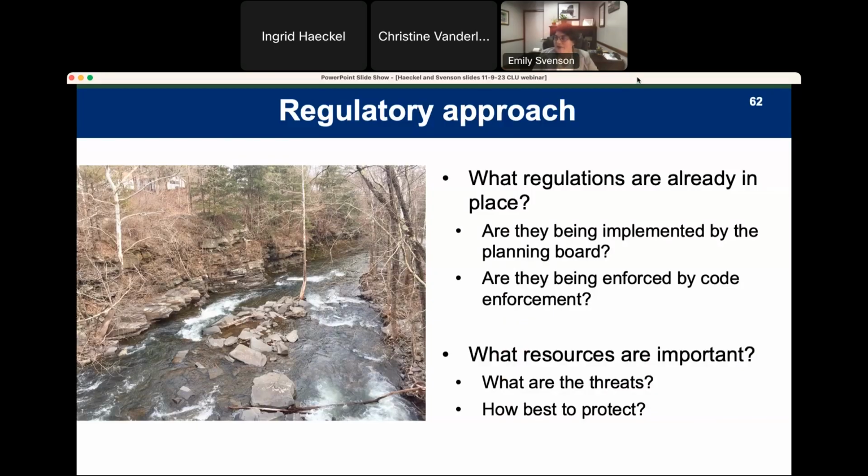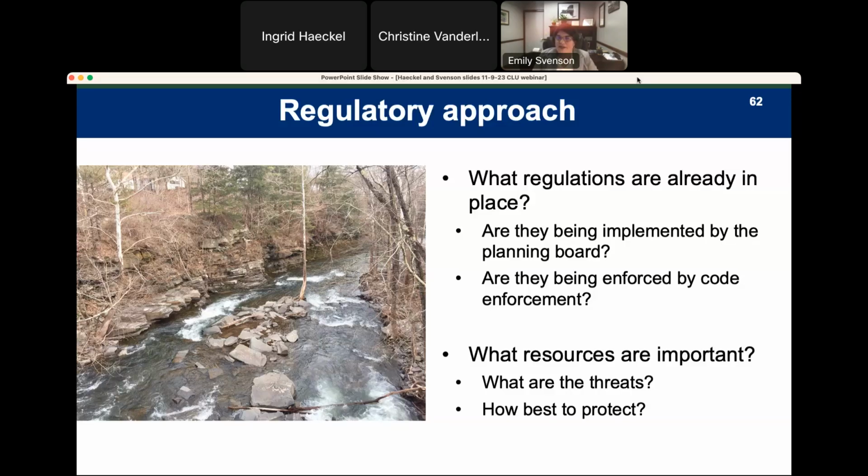So, for example, do you have regulations in your zoning code, and is the planning board fully embracing those regulations when they review site plans and subdivisions? If not, maybe that's an opportunity for education and process change. Also, is your code enforcement officer up to speed on what they should be doing if someone disturbs wetlands in your community?